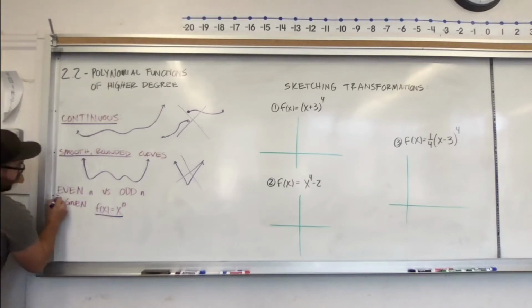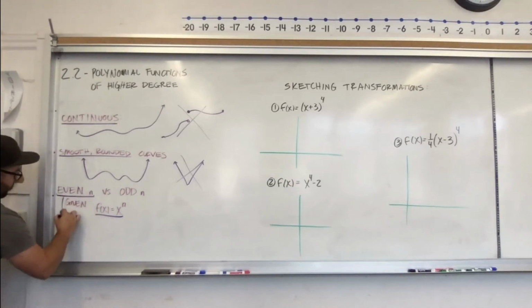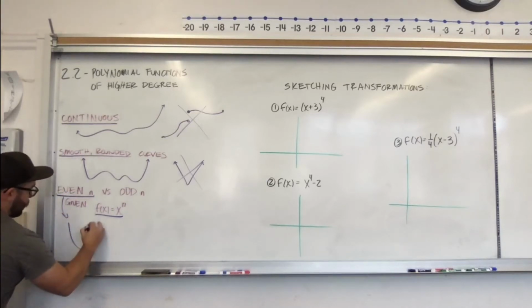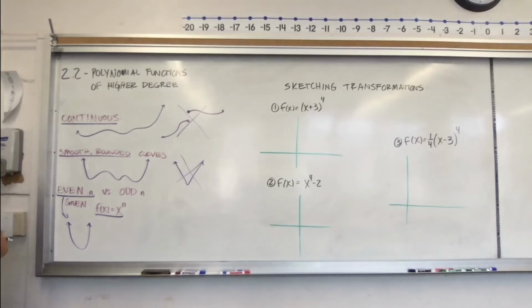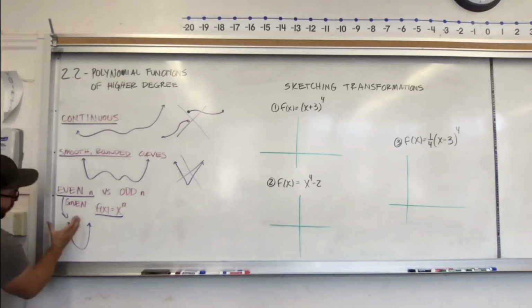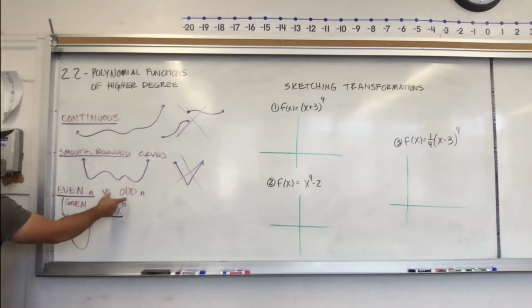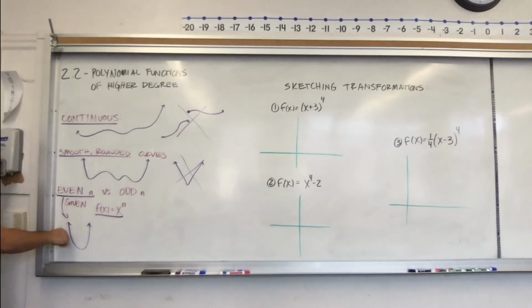A little note is that if n is even, it's going to look and generally act like a parabola, something quadratic. So these either open up or open down. If I have something like x to the 8th, I can expect it to open up. If I had negative x to the 18th, I would expect it to look something like this and open down.